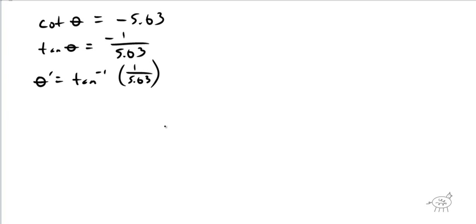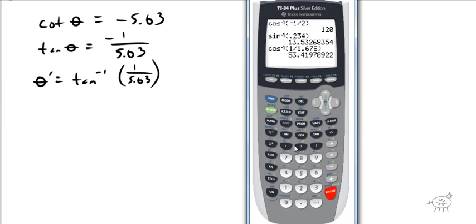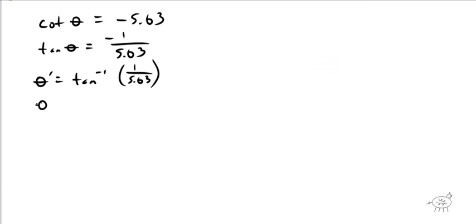And so let's show you that on the calculator. Inverse tangent of positive 1 divided by 5.63. And that gives us 10.1 degrees, right? Theta prime equals 10.1 degrees. And then, of course, where is tangent negative?